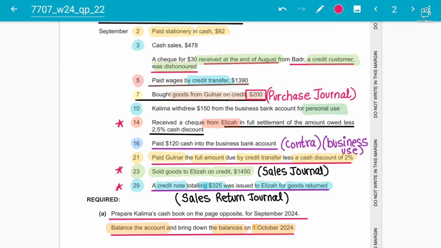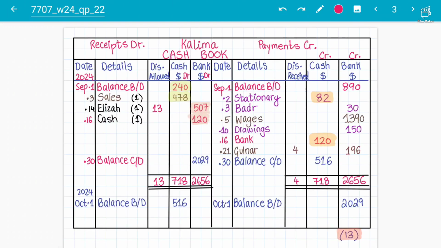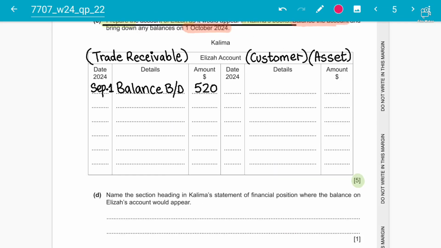Since we received the check from Alize, our bank account was debited, and discount allowed was also debited. So to complete the journal entry, Alize's account will be credited by bank and discount allowed.